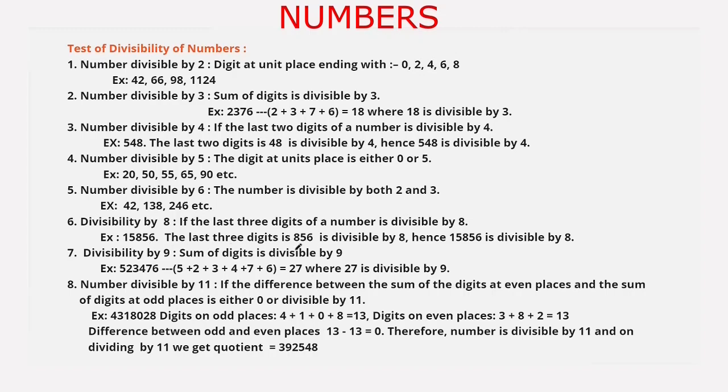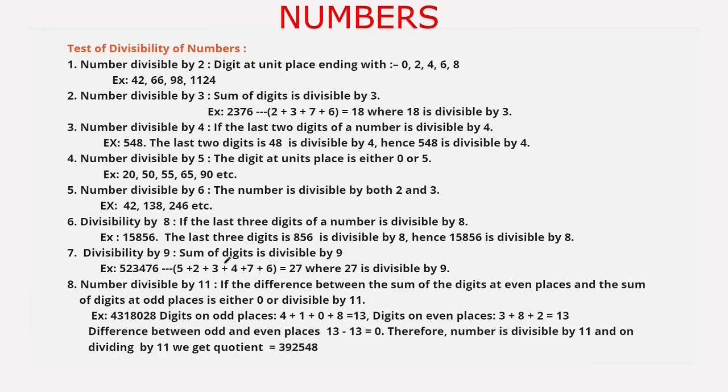The last 3 digits, 856, are divisible by 8. If we divide 856 by 8, we get 107. Hence the number 15,856 is divisible by 8.